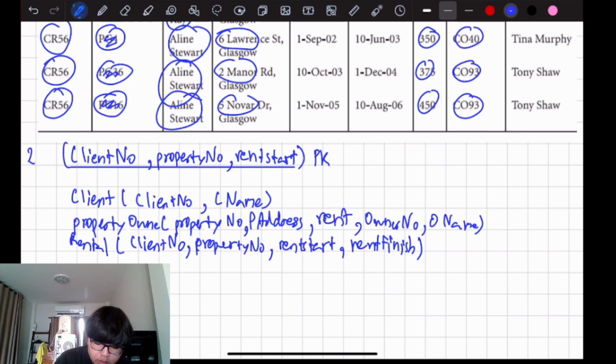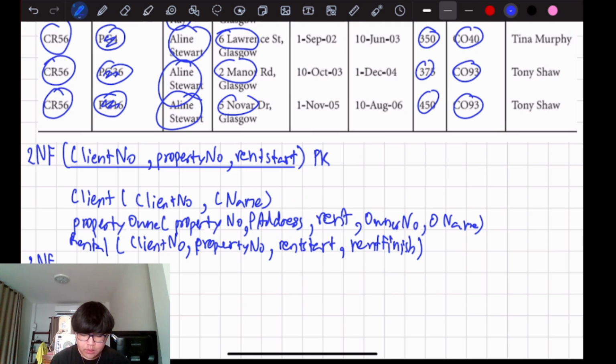Here is the second normal form. Next is third normal form. In third normal form, we need to find transitive dependency. So for transitive dependency, we should take a look at the second normal form.